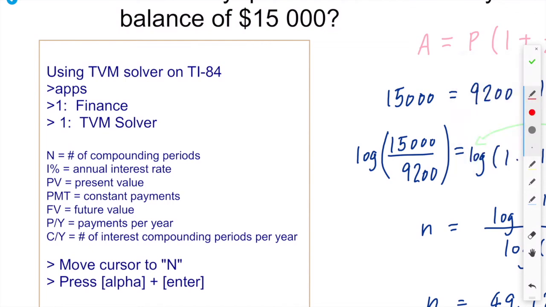A few more things to note is that the number of compounding periods here is based on years. And when you're depositing something, you are giving away money, right? The money's leaving you. So when you put down the present value, this is a negative value that you have to enter because you're giving away when you deposit.